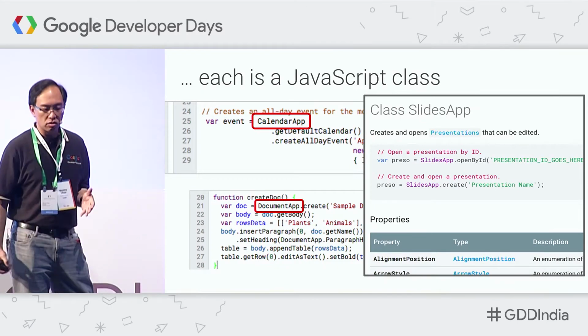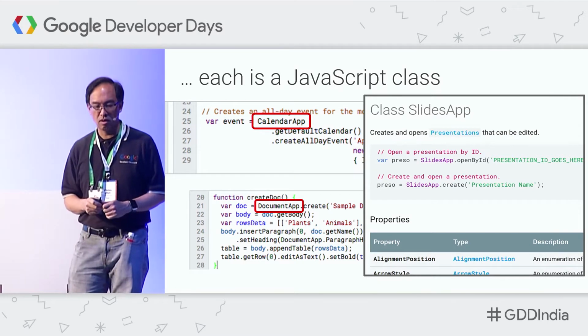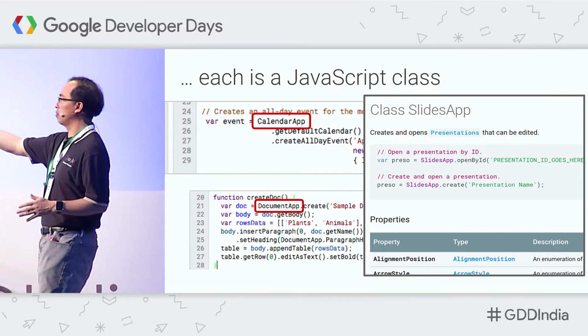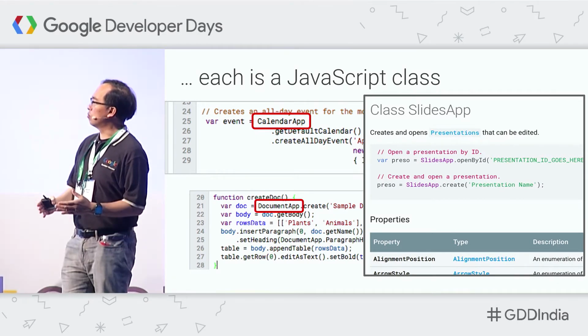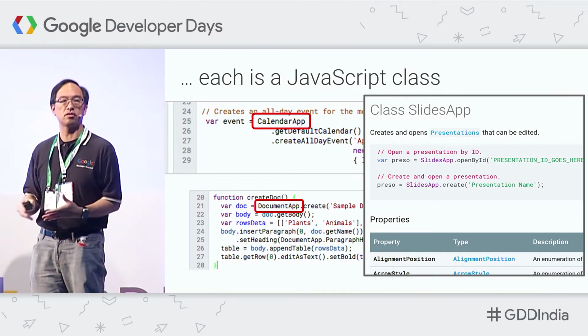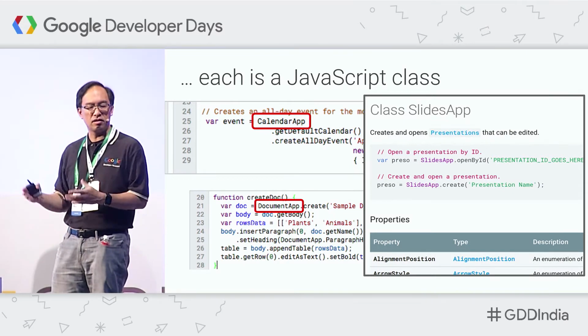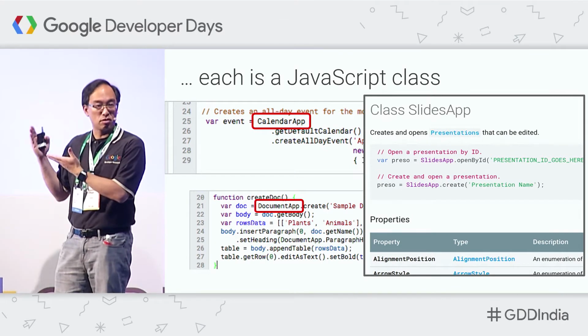So for every Google service that you see, each one is a single JavaScript class. All right, so you see I've highlighted a couple of them here. One is for Google Calendar, one is for Google Docs. But in general, whenever you see something with "app" after it, that generally indicates this is a service. Notice again, it's not like using an API as much. Instead, it's kind of like an object that's already there.